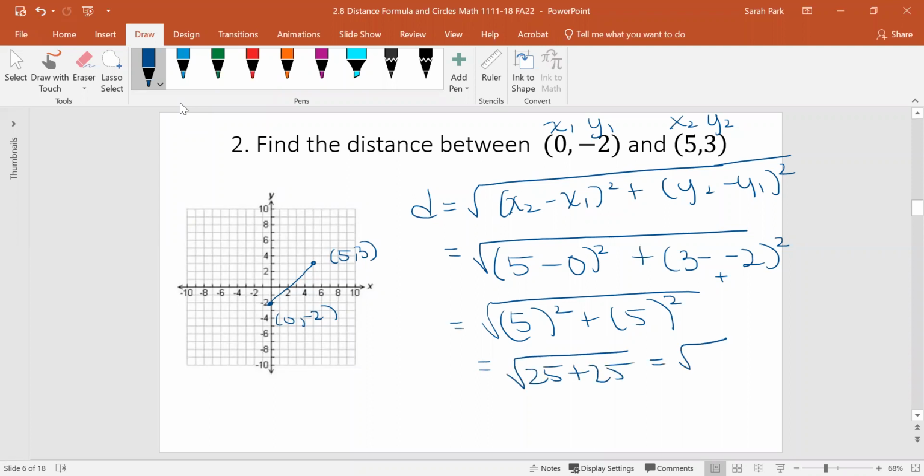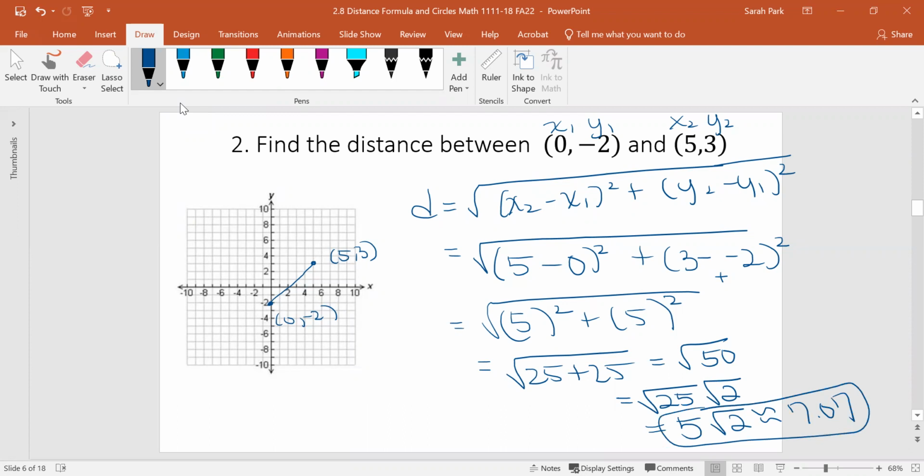We have the square root of 50. We can split up square root of 50 into the square root of 25 and square root of 2. Because square root of 25 is a perfect square, we get 5 root 2. And plugging that into the calculator, we get 7.07. So in the homework for my lab, you are expected to put the root in your homework, and then also round to 2 places.